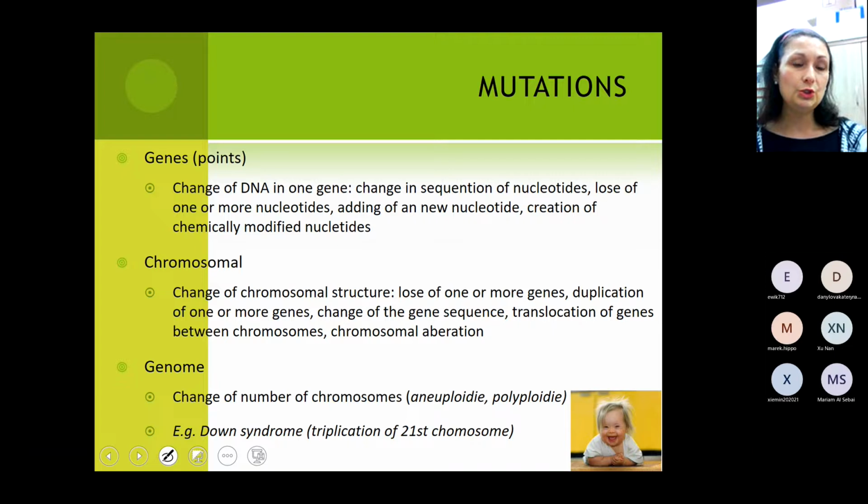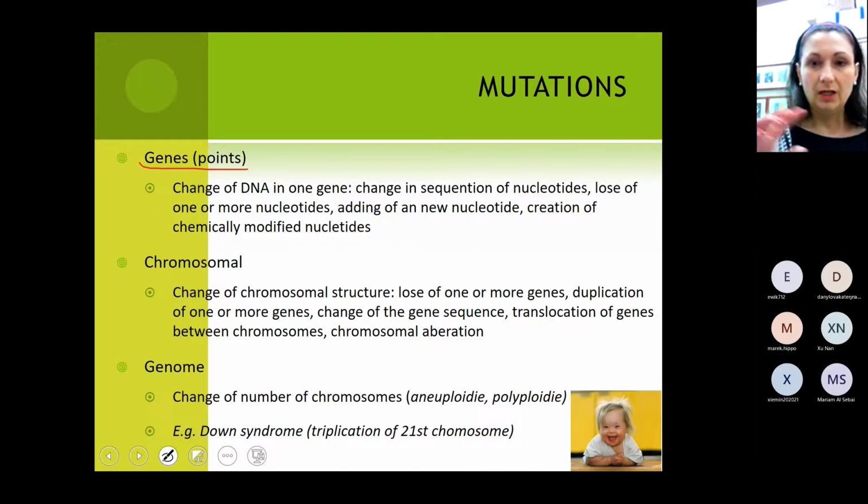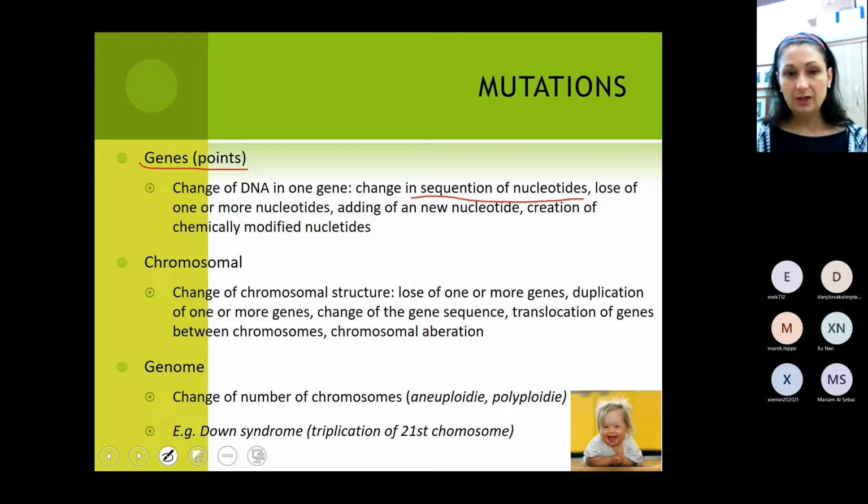We can distinguish the mutations which are point mutations. So it means that there is a change in the sequence of nucleotides, where one nucleotide is just substituted with another one. This is the first example.